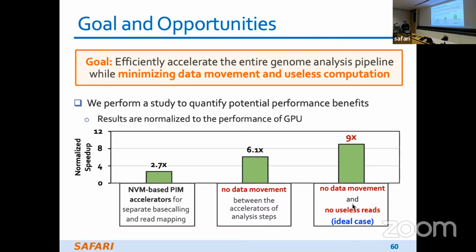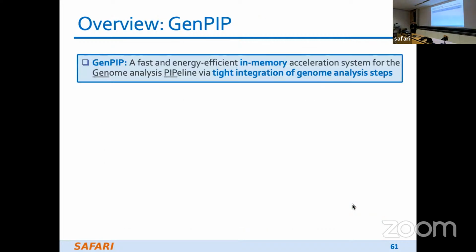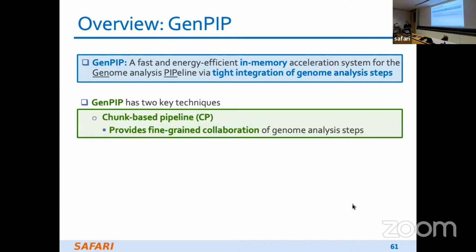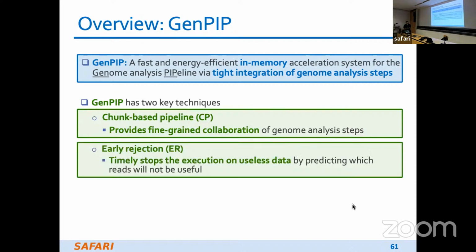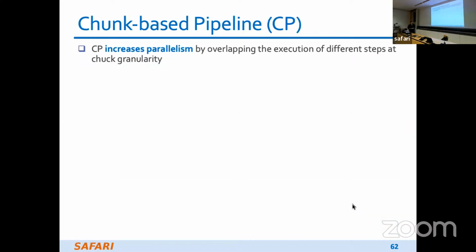And to do this, we propose GenPip. GenPip is an accelerator that combines the base calling step with the read mapping step, and also figures out whether computation will be useless or not later on, as early as possible, so that we don't do unnecessary computation in the later steps.